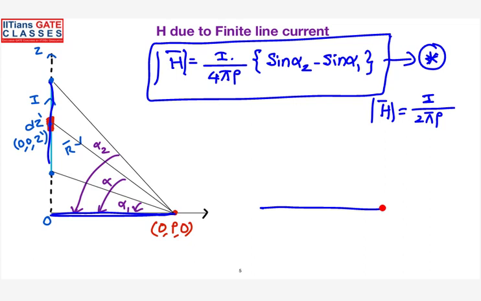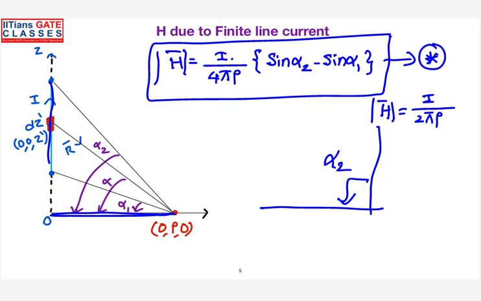When the line is infinitely extending, what will happen here? If this point extends infinitely along the positive z axis, this line looks vertical. As this point approaches plus infinity, the line segment looks something like this. In that case, this is nothing but your alpha 2. Agree?